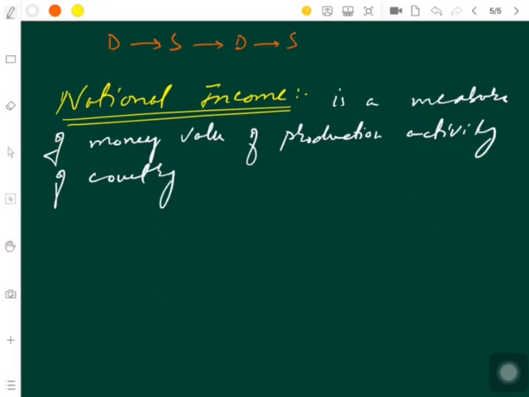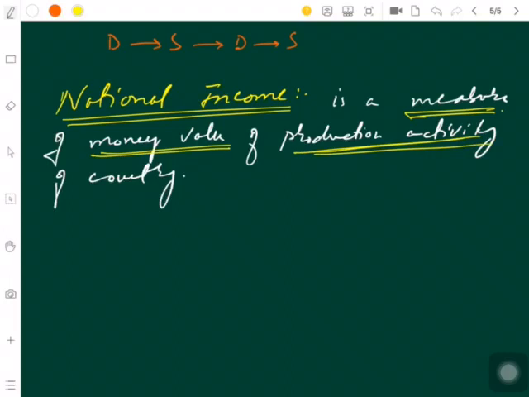Here we now will be able to understand a lot of things. National income is a measure. First thing, it's a measure. Second thing, it measures in terms of money value. So everything is measured in money terms of production activities which take place in an economy.